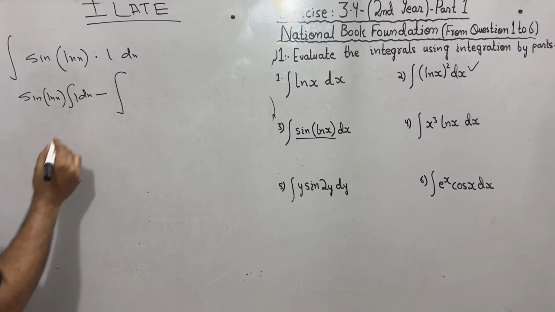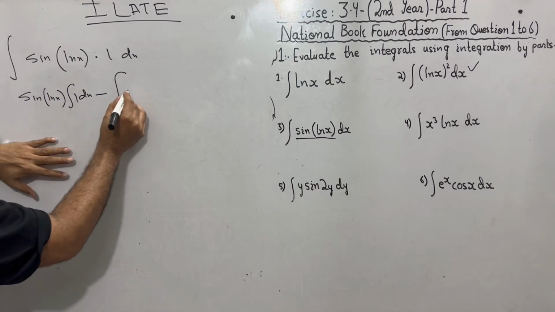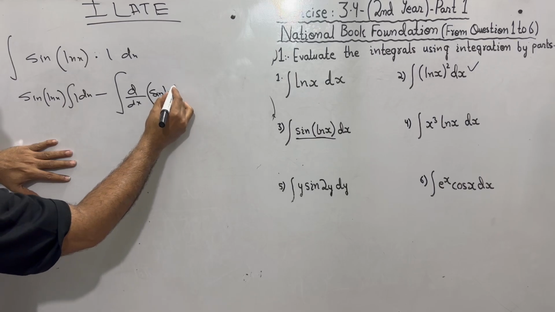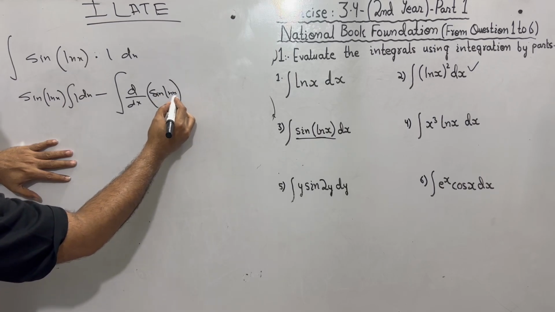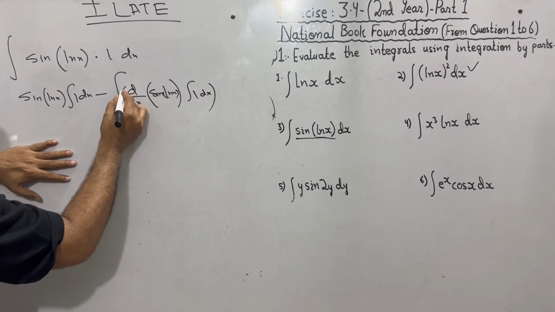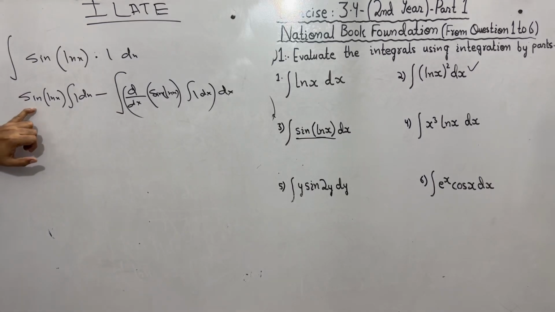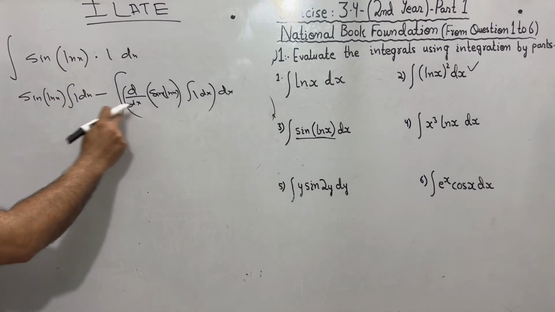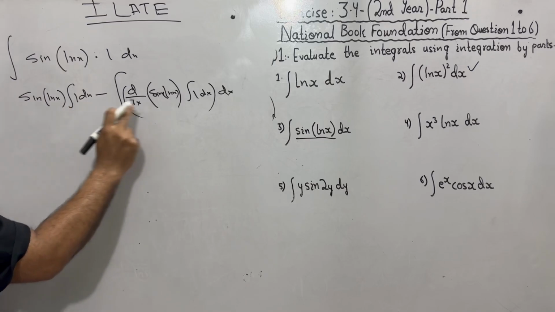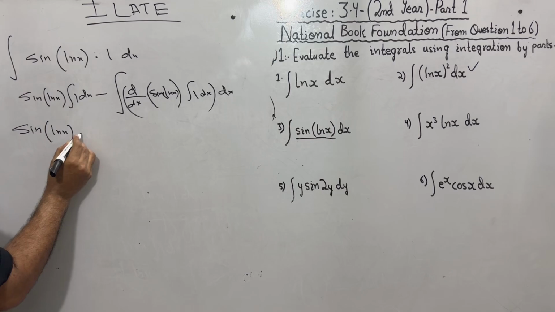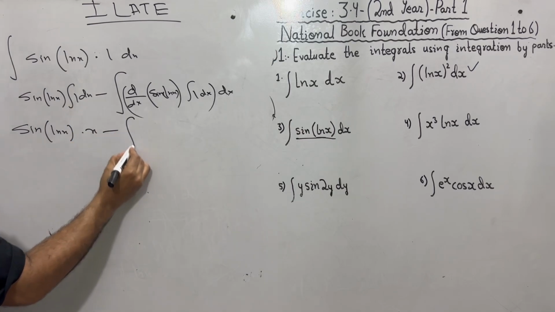Whole integral: differentiation of sine ln x times integration of second, 1 dx. Overall variable is x. So I have sine of angle ln x, integration of 1 is x, minus whole integral.